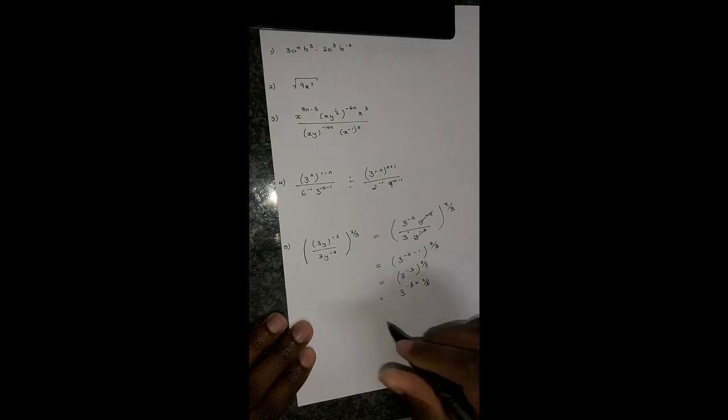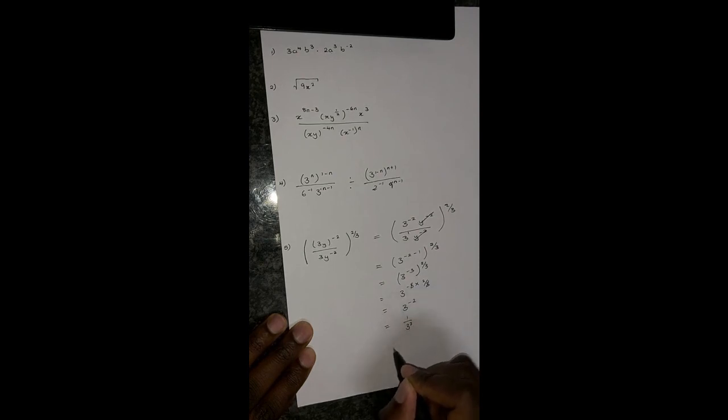Then those 3s cancel out. You're going to have 3 to the negative 2, just equal to 1 over 3 squared, which is equal to 1 over 9. So with these exponents, you just have to group like terms together, simplify using the laws of exponents, and then you will be done.